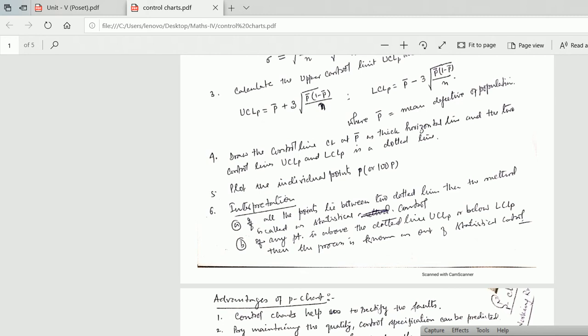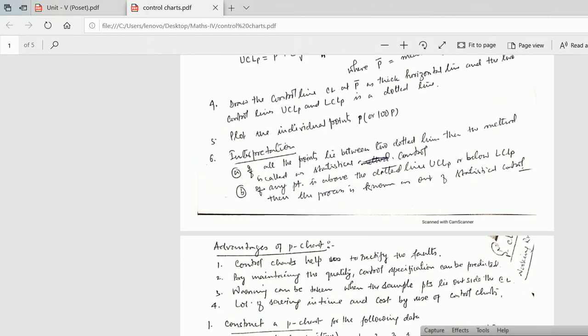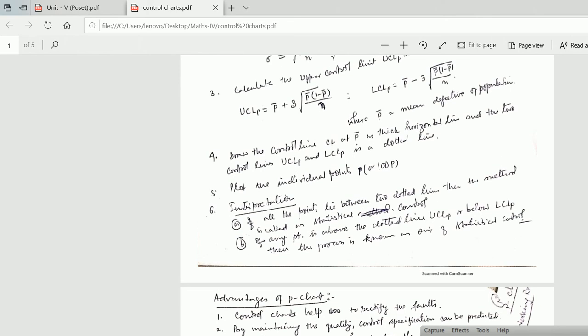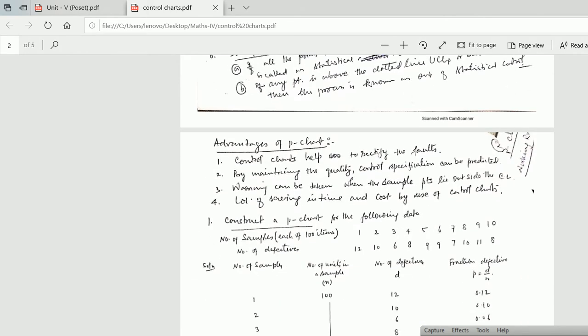If any point is above the UCL or below the LCL, then the process is known as out of statistical control. So in this way you can construct the P chart and find the solution to your problems.